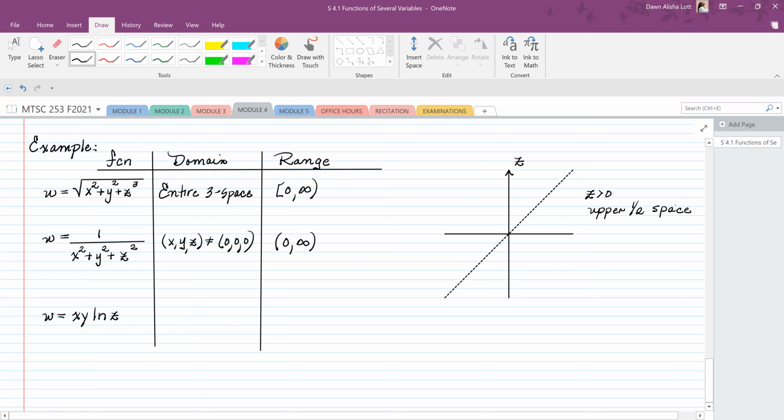Octants 1, 2, 3, and 4. And x and y can be anything. So I can get any real number out of there.